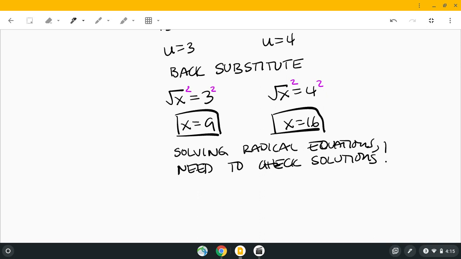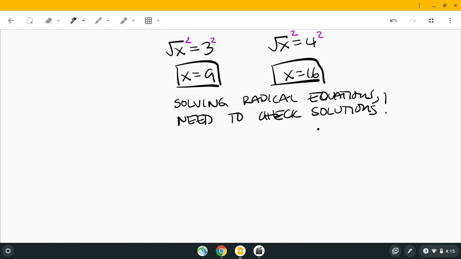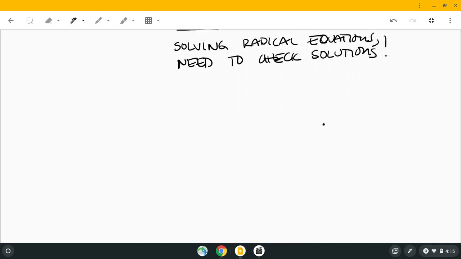Here it actually turns out that they both work out, but you can check on your own. Let's do another one. And you know you have radicals if you're dealing with fraction exponents.